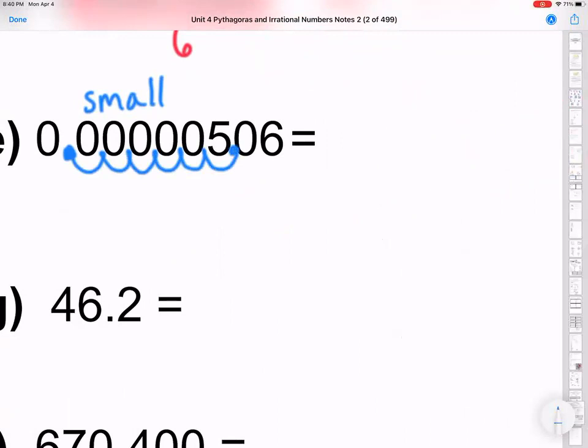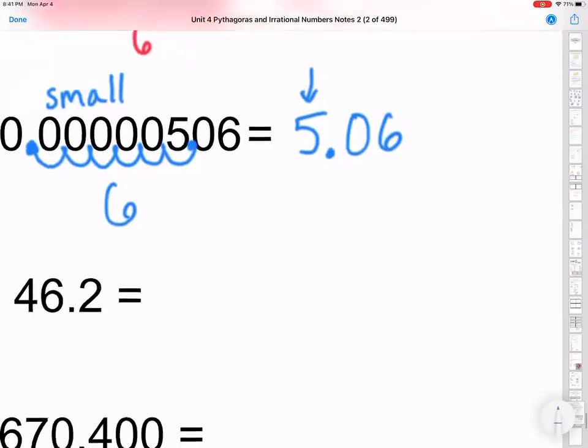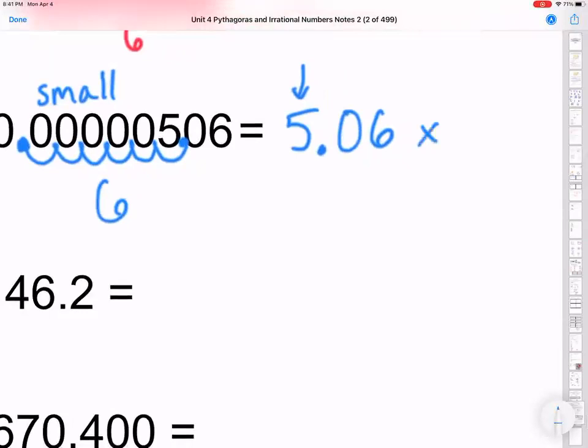Well, that's in between. 5.06 is in between 1 and 10. Okay. And I had to move that decimal over 1, 2, 3, 4, 5, 6 times to accomplish that. So I have, for my scientific notation, times 10.